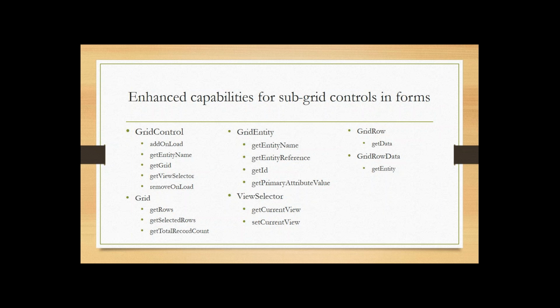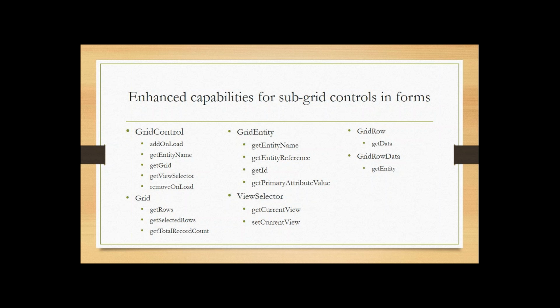Calling this method on the view selector will throw an error. setCurrentView: use this method to set the current view of a subgrid. We can do this by specifying the GUID and the name of the view which we want to set.